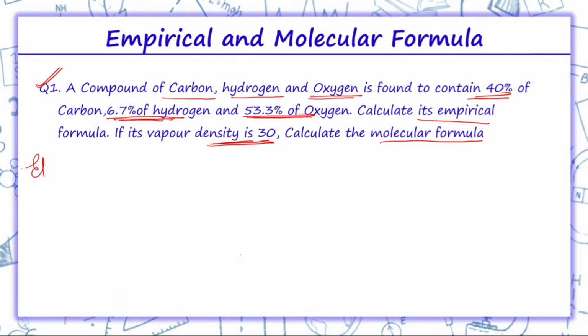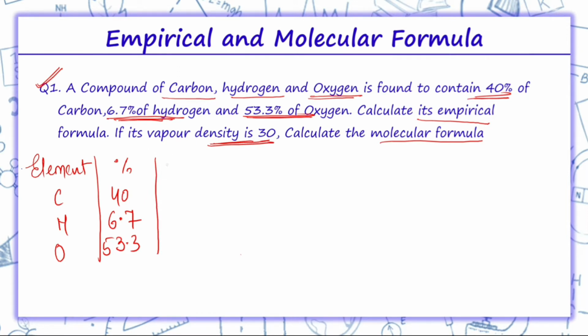So we are provided with the elements and the percentage of each element. So carbon 40%, hydrogen 6.7, oxygen 53.3%. Now we will write their atomic weights. So we know the atomic weight of carbon is 12, of hydrogen 1 and oxygen 16.